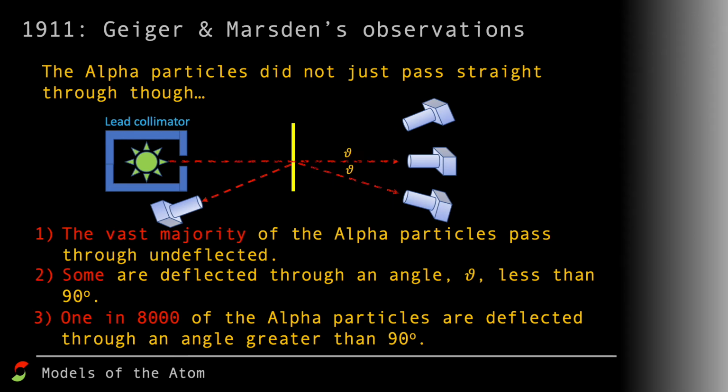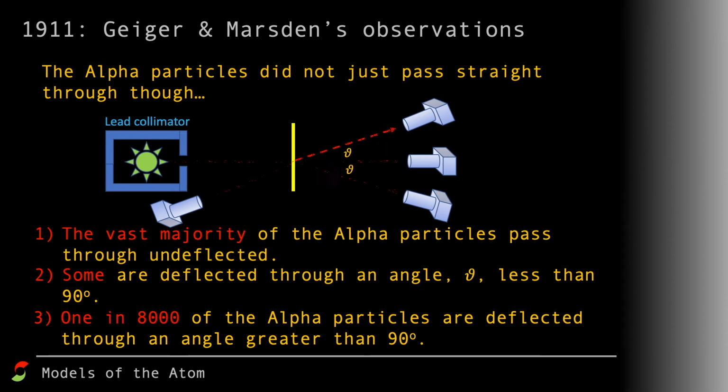At the time, they considered it so strange that they said it was almost like firing a cannonball at a sheet of tissue paper and the cannonball bouncing off. They just didn't expect the Plum Pudding model of the atom to be able to do that. So they had to rethink what the model of the atom was actually going to be.